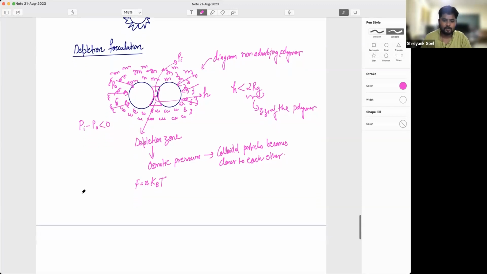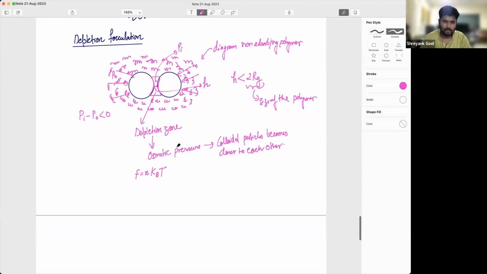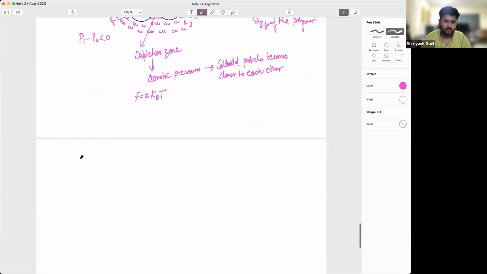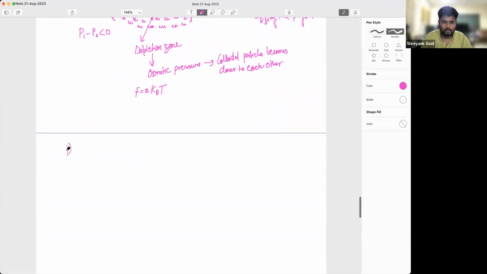It was already discussed in the lecture that depletion population can be caused by different cases.